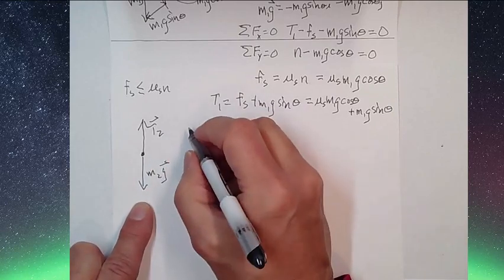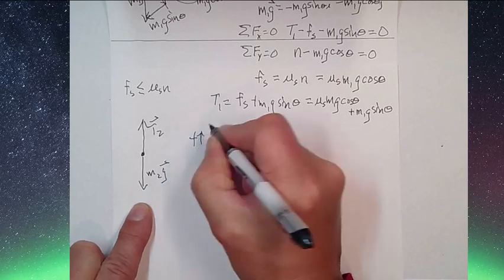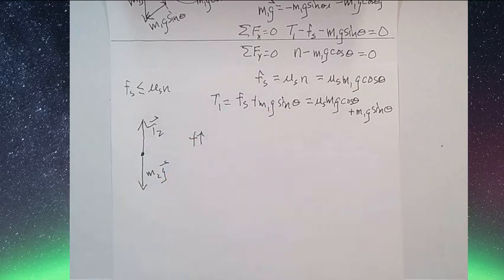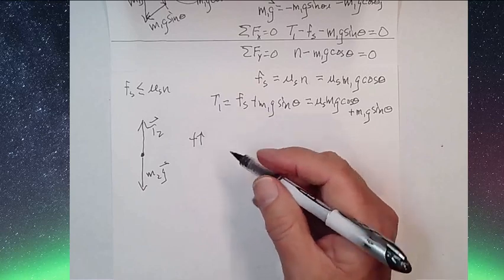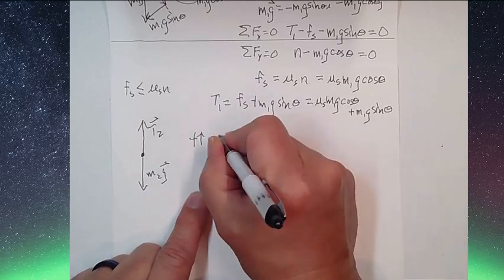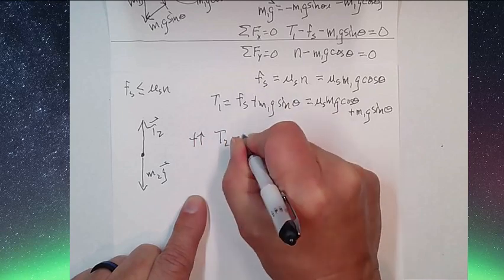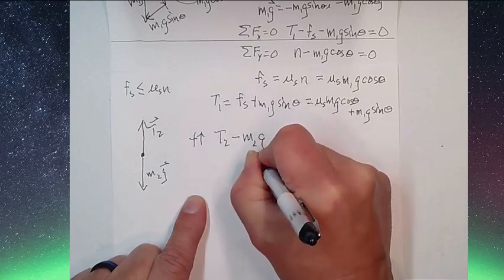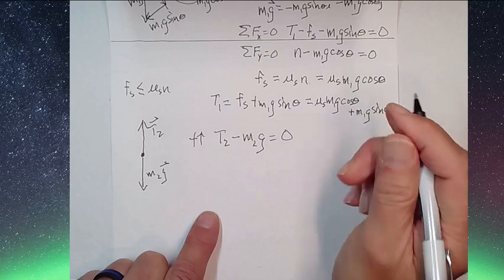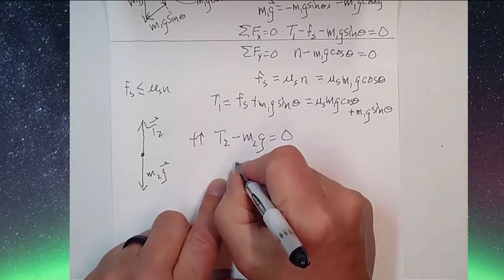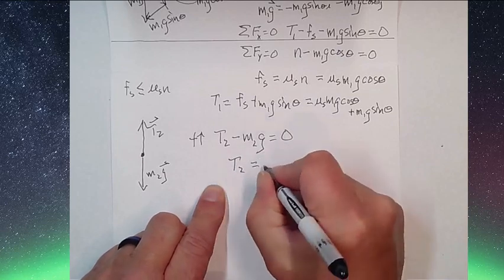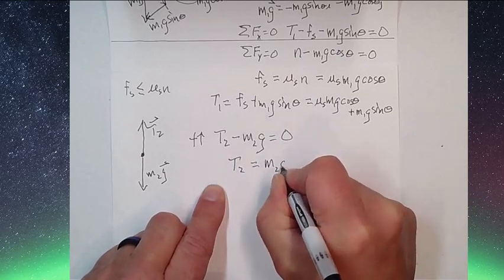With positive being upward for this one, now if I was worried about accelerations and signs of accelerations, I might pick positive to be downward. But in this case, I'm not going to have acceleration. So I'll just say T2 minus m2g is going to equal 0. We're interested in the instant before acceleration starts. So T2 is just equal to m2g.